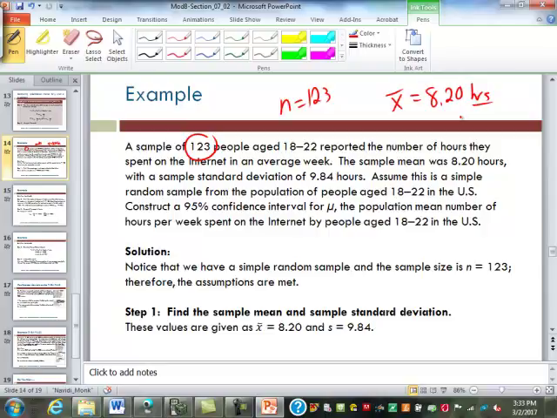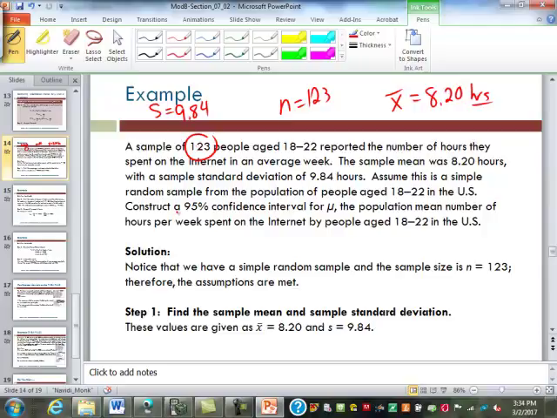That's a sample standard deviation, so that's not a sigma, that is an s of 9.84 hours. Now it doesn't say, we don't know the population standard deviation, but they're giving the sample standard deviation and they're not giving a population standard deviation. So we know that means that we are going to fall into a t-distribution.